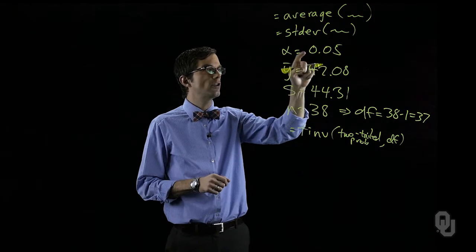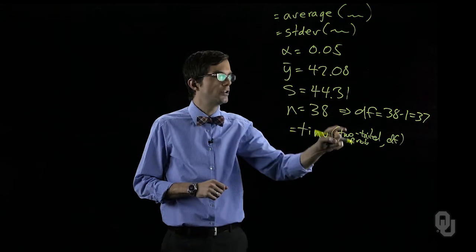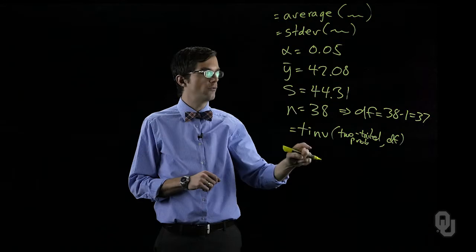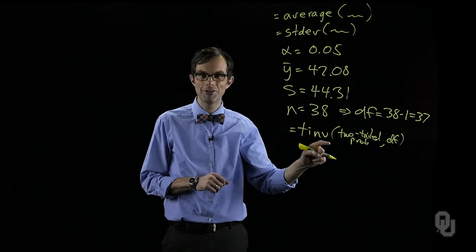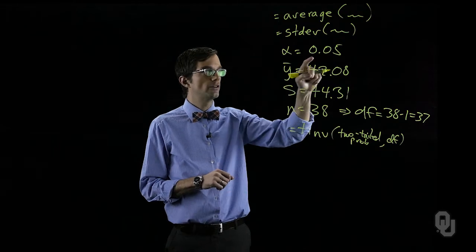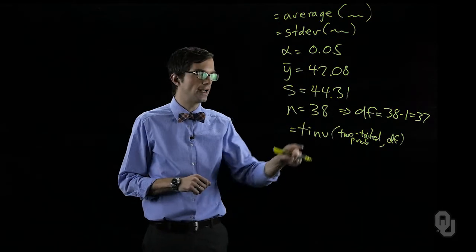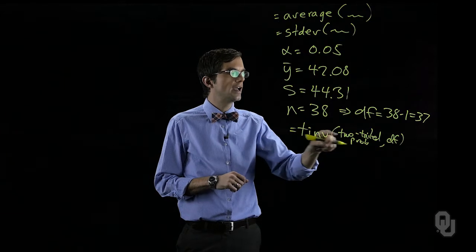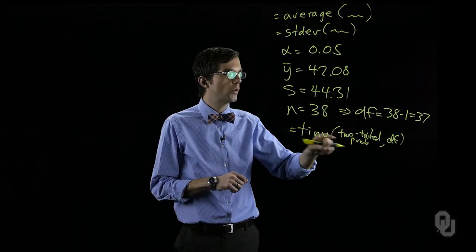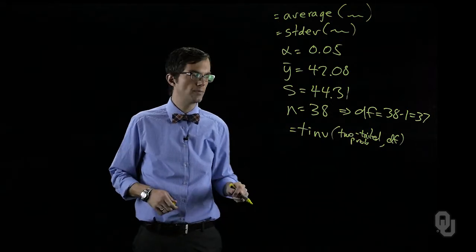That total alpha is 0.05. So this two-tailed probability is 0.05. If we want t of alpha over 2, then we need to input the two-tailed probability, the total alpha. Again, I encourage you to take a look in Excel and play around with the help function to see what exactly you need to be inputting here.